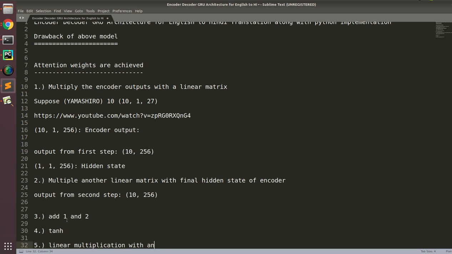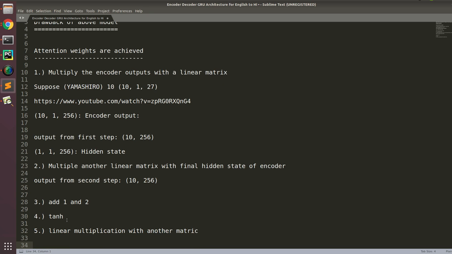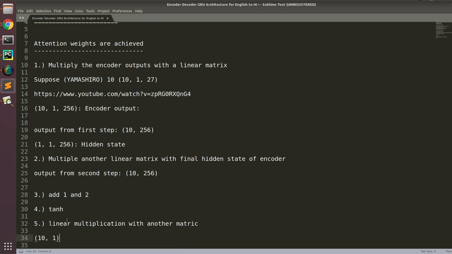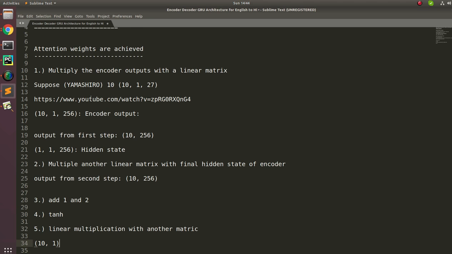This matrix will produce a size equal to 10 comma 1. We can say that there are 10 weights and one row. Why 10? Because the number of words is 1 2 3 4 5 6 7 8 9 plus 1, 10. So 10 alpha values will be there: 9 alpha values for these words, and 1 alpha value for the pad.